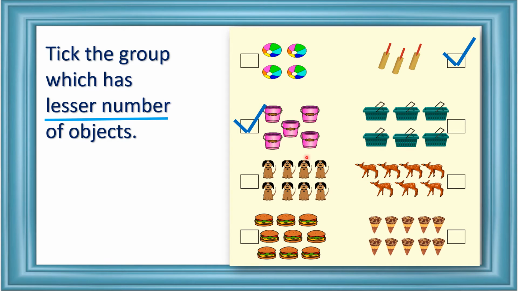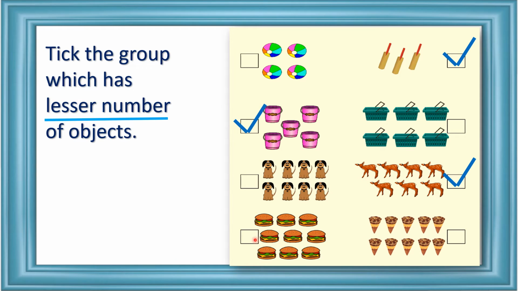Sorry, 5 buckets. Okay. Now here we can see 8 dogs and 7 deers. We'll tick here 7 deers because 7 is lesser than 8. Now here we can see 9 burgers and 10 ice cream cones.